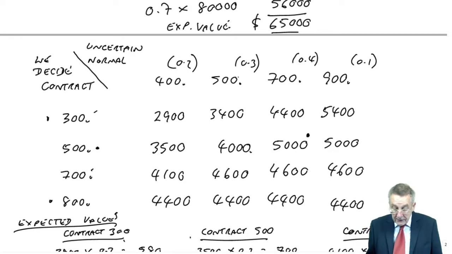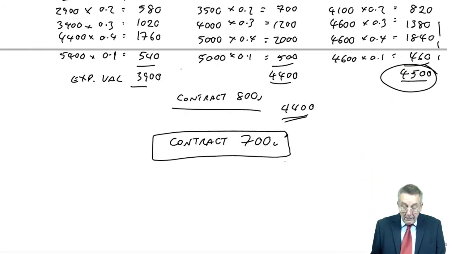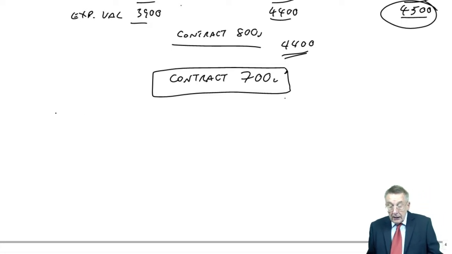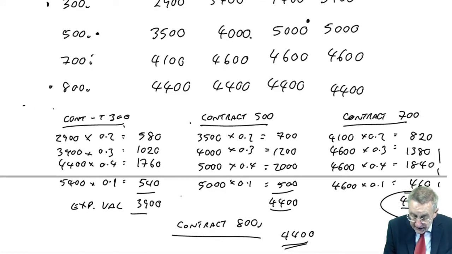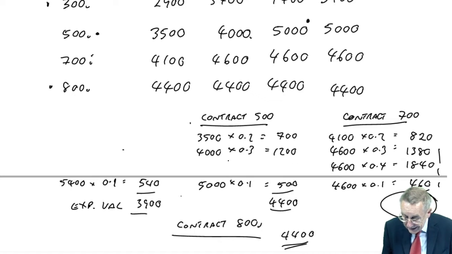Okay, that was expected values. Let's turn to the next one, which, as I say, I'll do in the same order: maximin. Because I keep needing the table, to avoid making you dizzy going up and down, let me clear this.